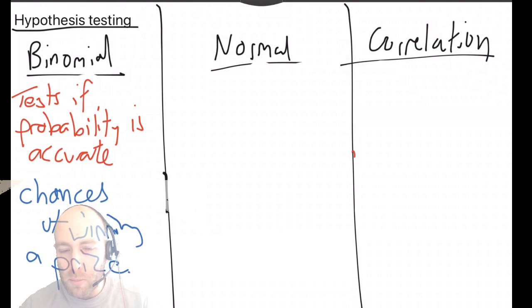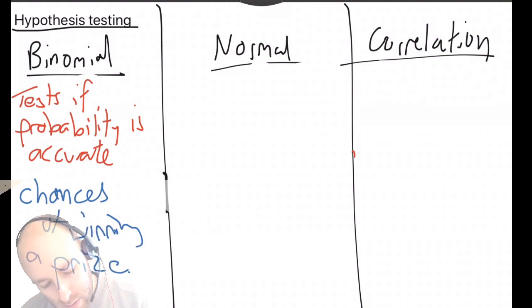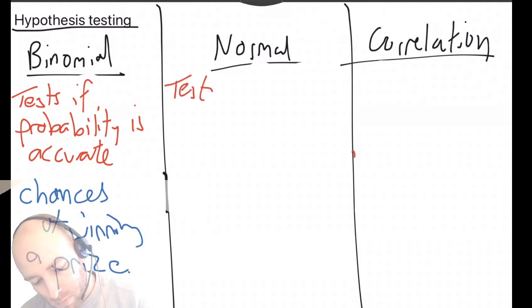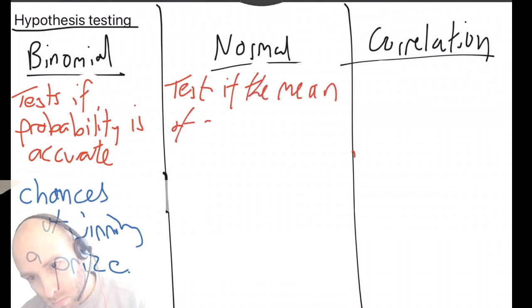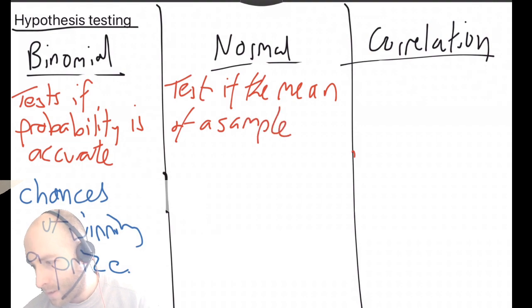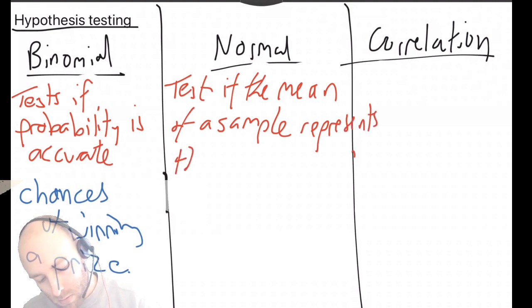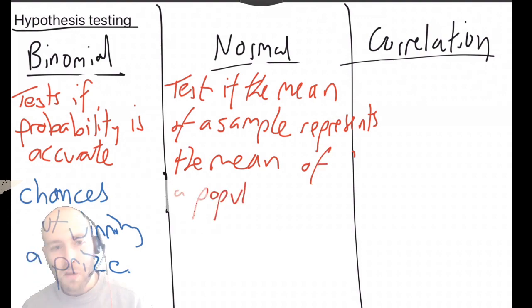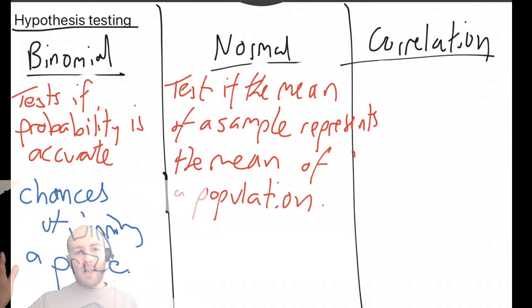So next up, we're looking at the normal distribution, and what we're testing with a normal distribution is the mean. So same idea. Instead of testing the probability this time, we're going to be testing the means.